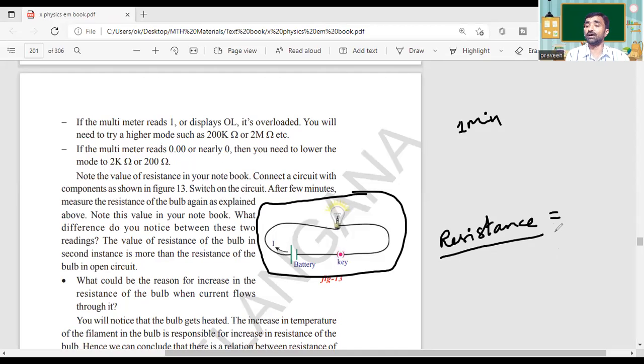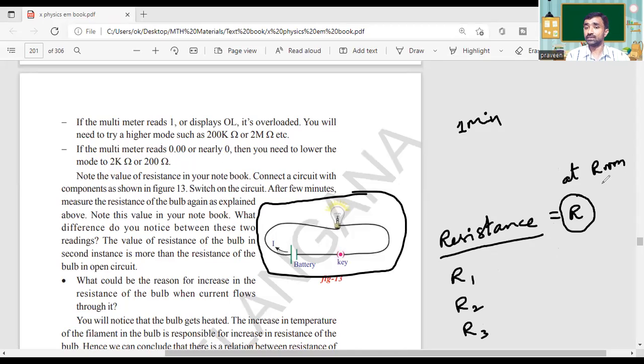Then compare the values. Suppose the first value is taken as R, right? Before you connect. After connecting, suppose first minute R1, second minute R2, third minute R3. 3 times I took measurements, right? So now compare these values with the original resistance of the bulb, before it was connected, at normal temperature, at room temperature.